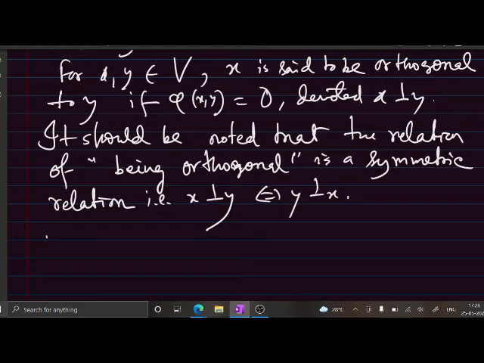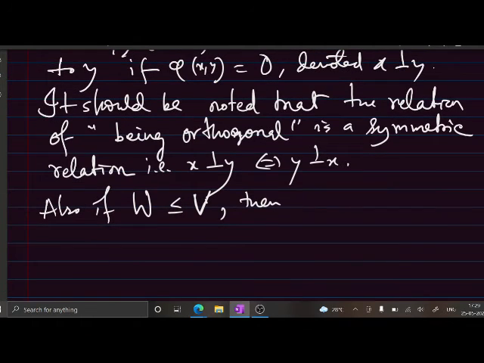And also, as you have considered a symmetric bilinear form, if W is a subspace of V, then the sets WL perp and WR perp will coincide because the form is symmetric.